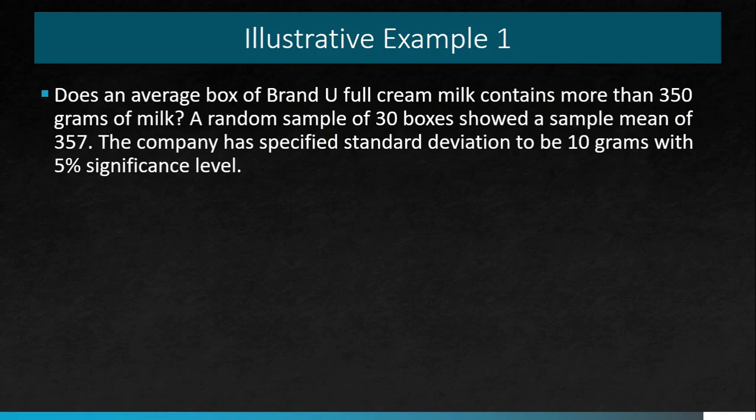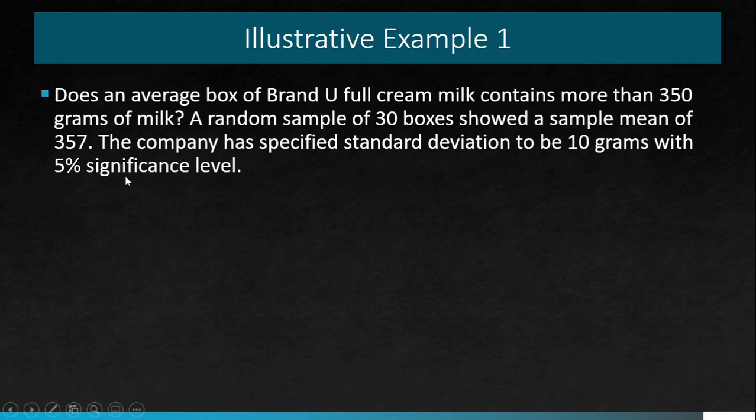So what's our data for us to check it? Let's say you have used a random sample of 30 boxes, in which you have computed that the sample mean of those 30 boxes is 350 grams. And let's say the company has specified that the standard deviation is 10 grams, and we'll be using a 5% level of significance.